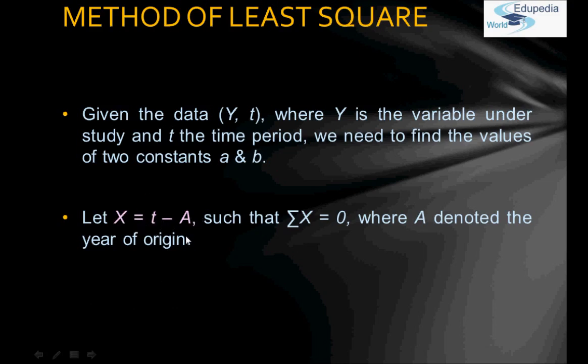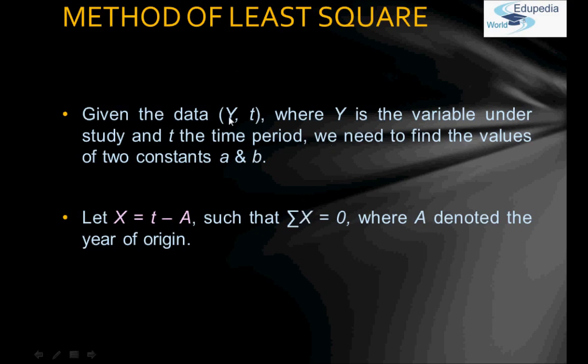So what basically we're doing here is we are changing the year of origin. When we take x equals t minus a, it is an artificial mean, as you remember we did in the arithmetic mean, to shift the origin, we used to take an artificial value. So here we will have x equals t minus a, and this should be taken in such a manner that the sum of the values of x would be equal to 0. We'll see how this would benefit us when we derive the formula. Here a will denote the year of origin.